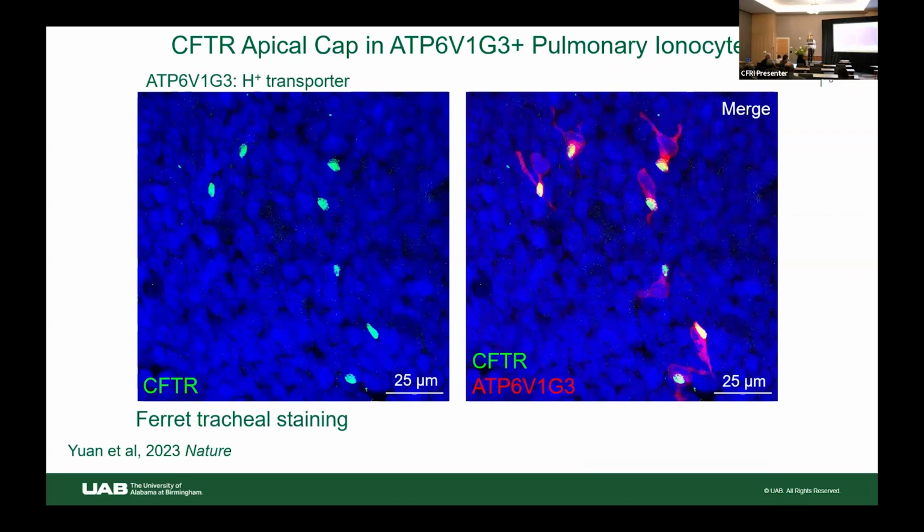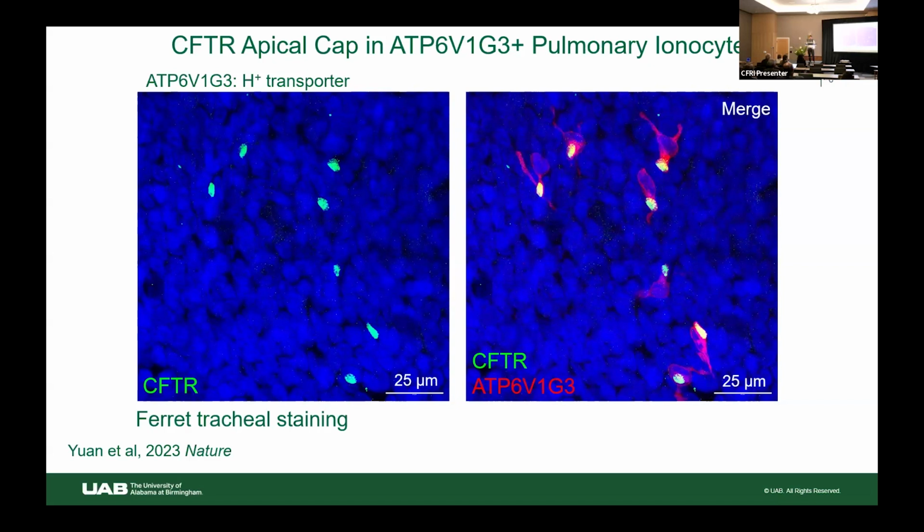What we found is a very good colocalization of CFTR with ATP6V1G3. They perfectly colocalized in the pulmonary ionocyte, and CFTR showed an apical cap expression pattern in the ferret trachea.